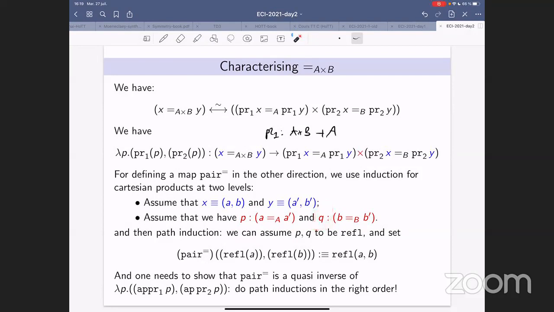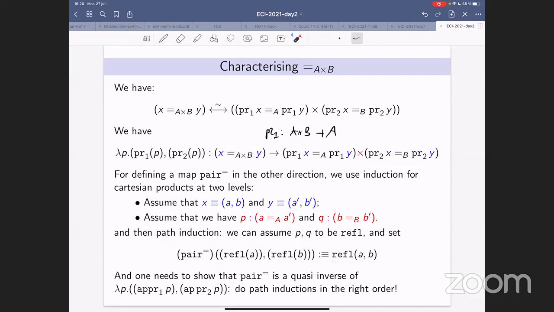So in other words, in order to define this function, all what I have to do is to consider the case where this is pair of AB, this is again pair of AB, P is ref and Q is ref. So I need to find an image for the pair formed by ref A and ref B, which should be a proof that X is equal to X, because this Y has become AB, which is X. And for this, I just take the reflexivity on the pair AB.